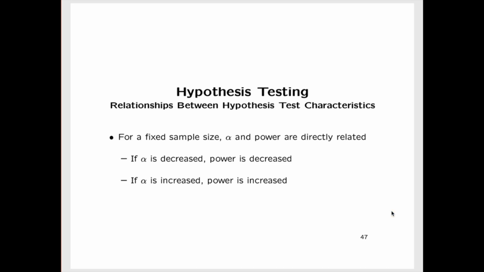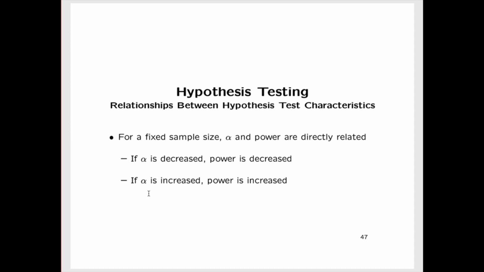Now again, power is the probability of correctly rejecting the null hypothesis when the null hypothesis is false and should be rejected. And so we want the power to be as large as possible. We see here, however, that if we were trying to impact power just by alpha, how do we make power bigger? Well, by increasing alpha.